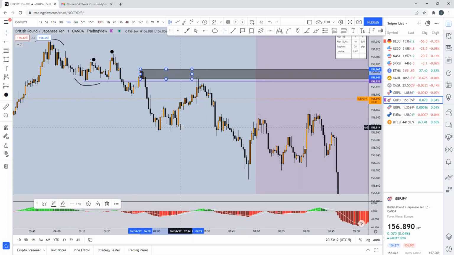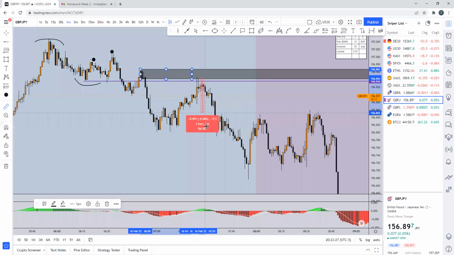That's the less risky entry. And then your first take profit, we're on a 1 minute time frame, is down here off of this 1 minute time frame.